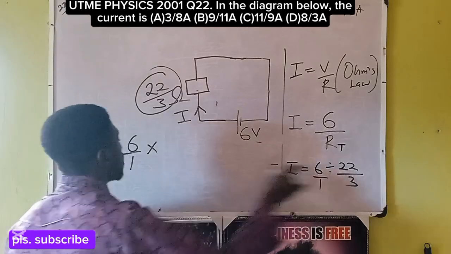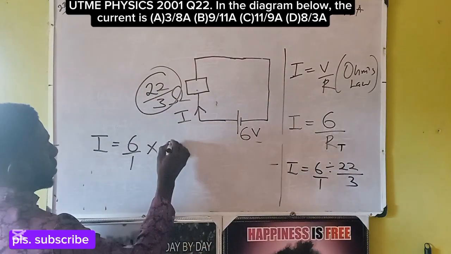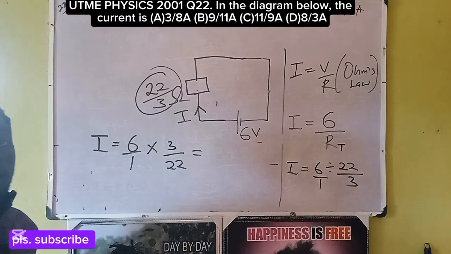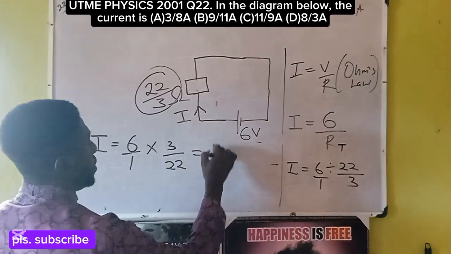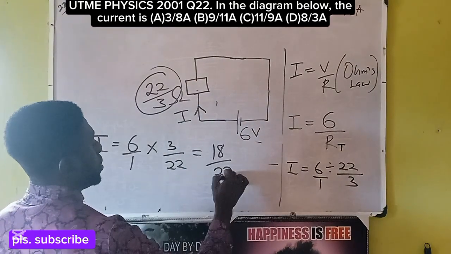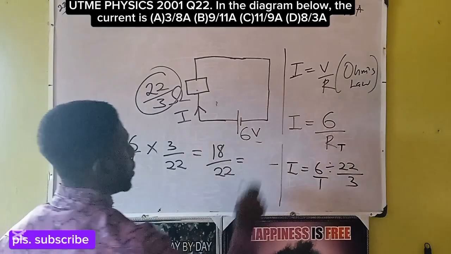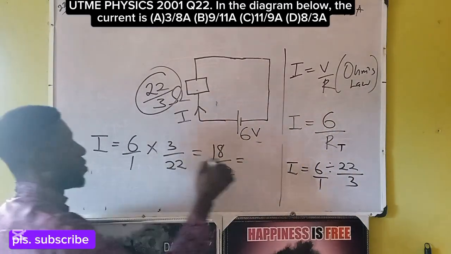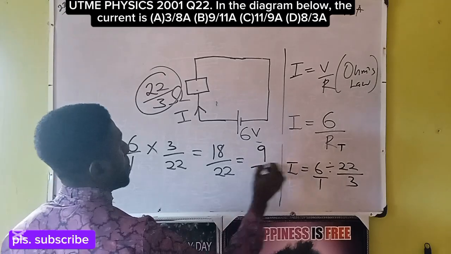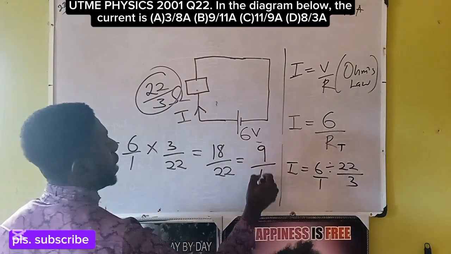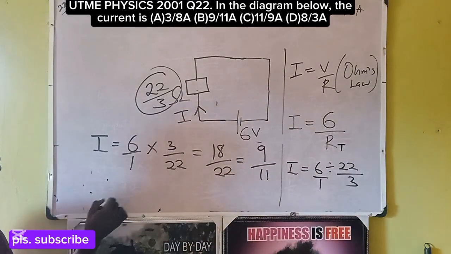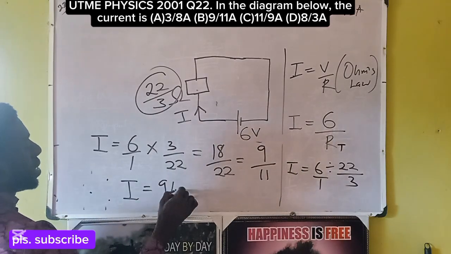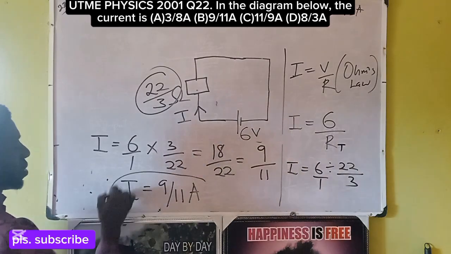Since we change the division sign to multiplication sign, 3 over 22 equals 6 times 3, 18 over 22. Okay, observe keenly. 2 divides 18, we'll be having 9. 2 divides 22, we'll be having 11. Therefore, the current running in the circuit is 9 over 11 amps or ampere.